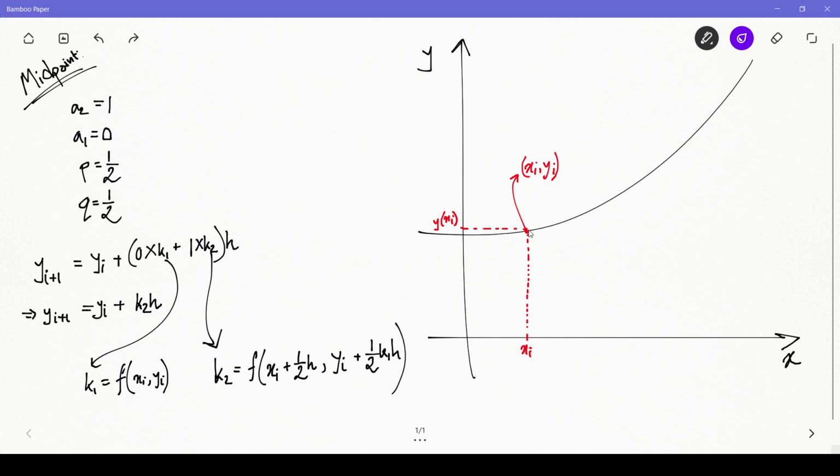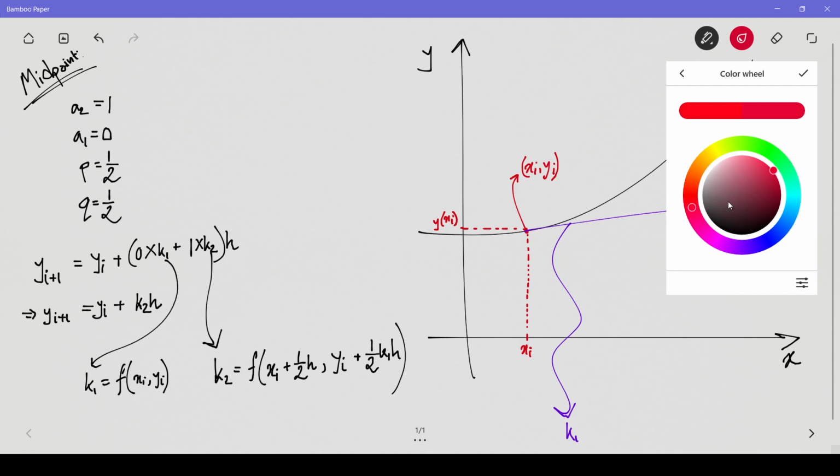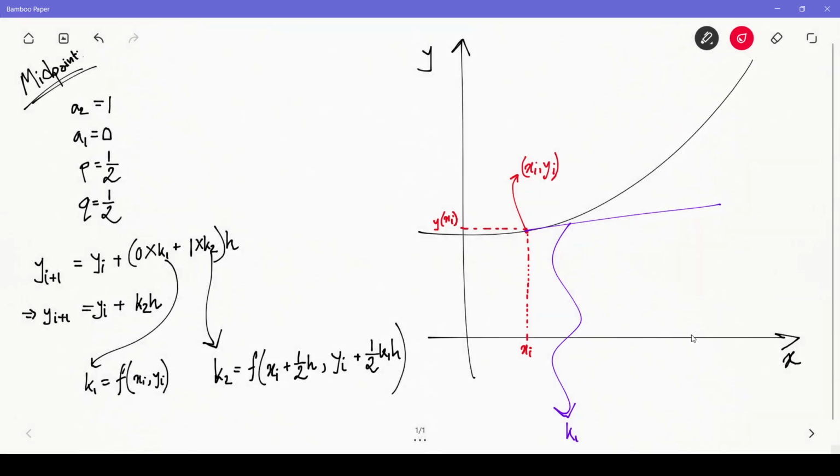So let's say the slope looks something like this. Let me eyeball it again. Fine, this one. This thing over here, let's call it k1. Now our target is to progress by one step size.